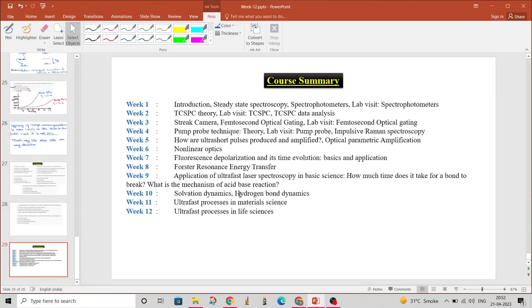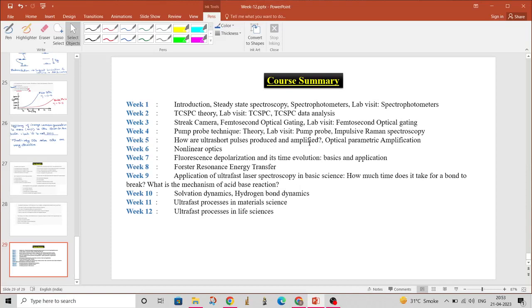Then in week 9 we had applications of ultrafast spectroscopy in basic science, in which we saw how ultrafast spectroscopy can be used to calculate the time taken in the fastest process, which is bond breaking, and how it can be used to decipher the mechanism of acid-base reaction, proton transfer, the time constants related with the processes, and excited state dynamics.